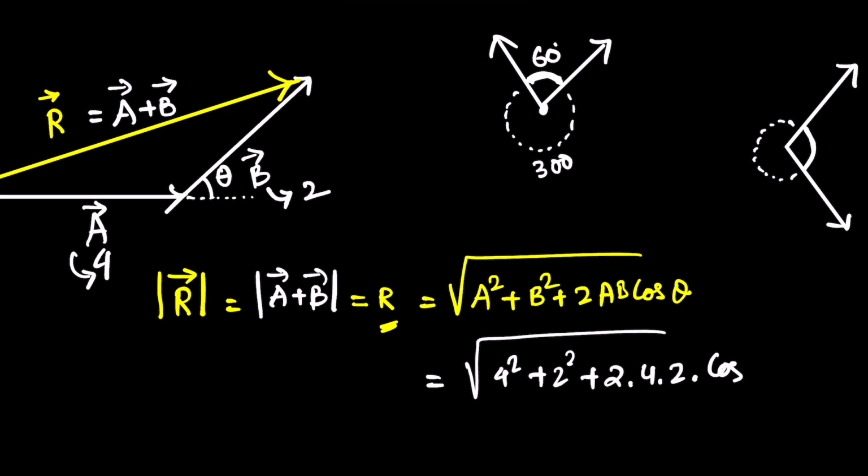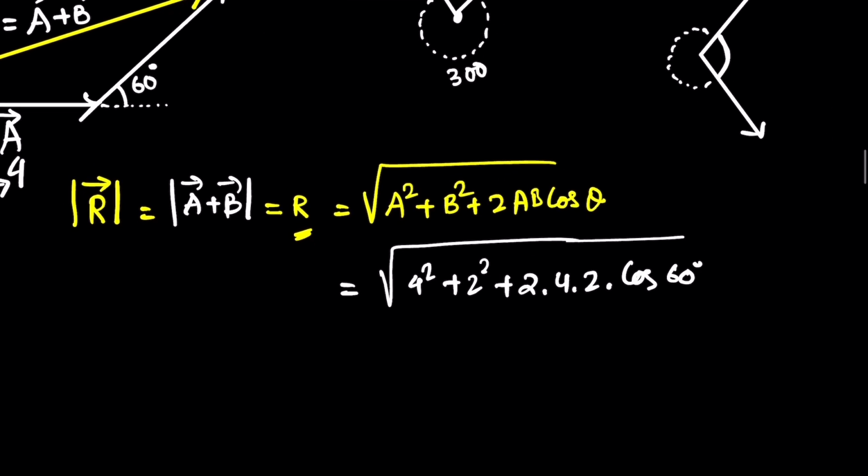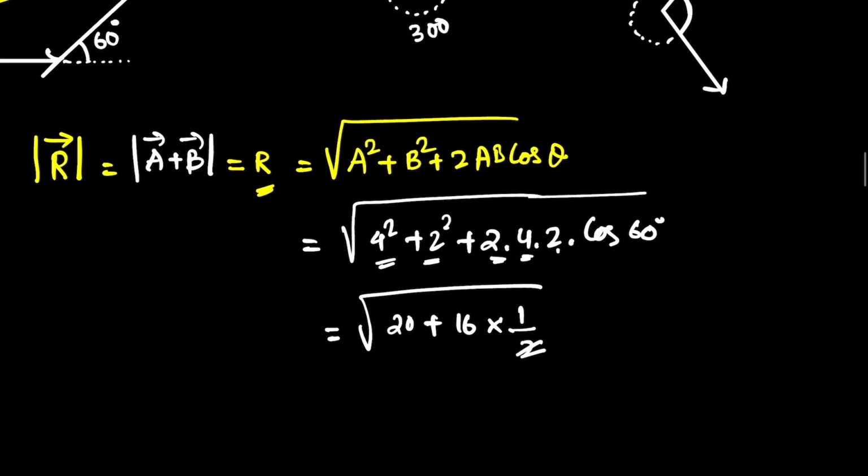Let's say this angle theta is 60 degrees, so cos 60 is 1 by 2. That gives 16 plus 4 is 20, plus 2 into 4 is 8 into 1 by 2, so 16 plus 4 plus 8, the square root of 28, whatever the value.